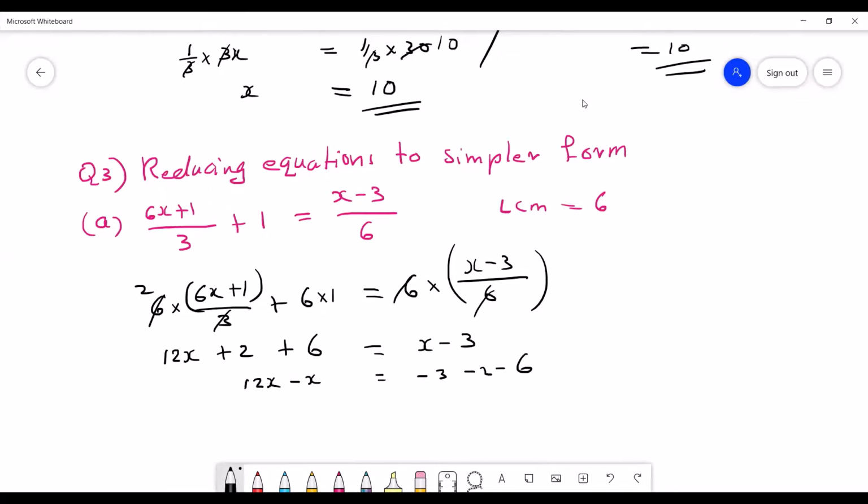Now 12 minus 1 is 11. So 11x is in left hand side. Minus 2 minus 3 and minus 6 is minus 11 we will get. So x is minus 11 divided by 11. That is answer for x is minus 1.